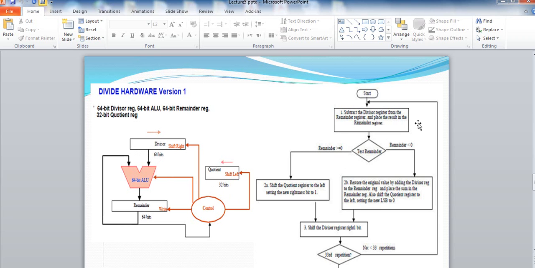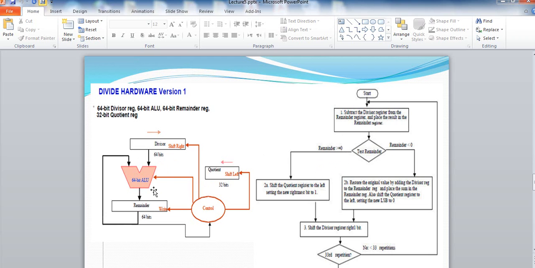So we are going to follow the flow chart. You will find it is exactly the same as I mentioned, just the same operation. First of all, you are subtracting the divisor from the remainder. So we subtract the divisor from the remainder register, and then we check if the remainder is bigger or equal.